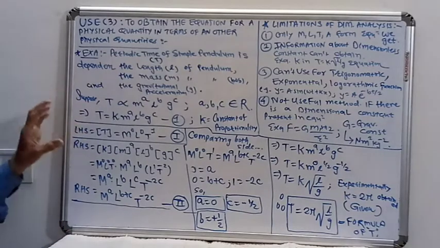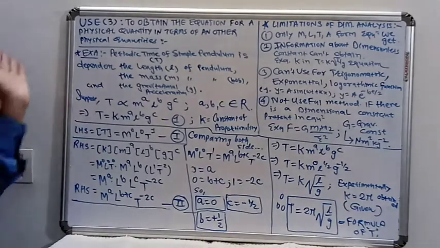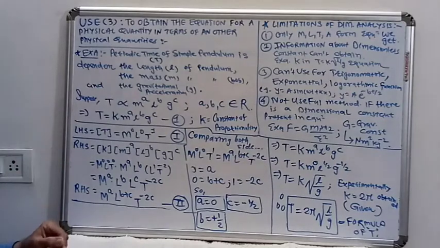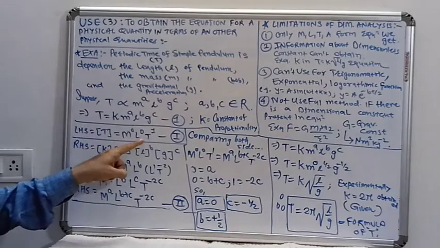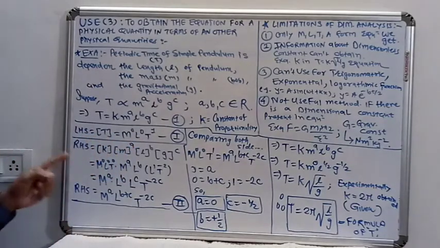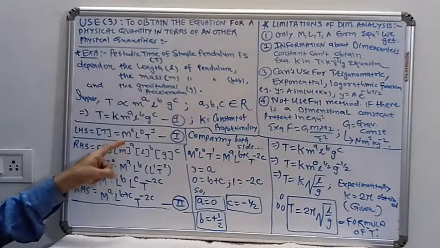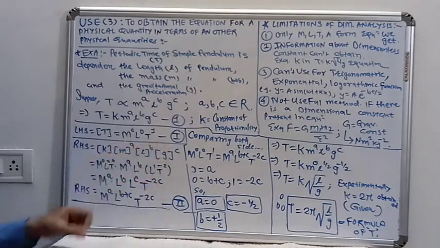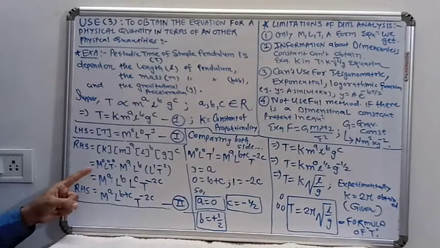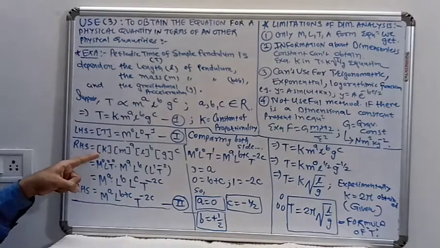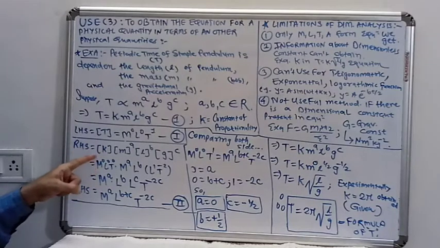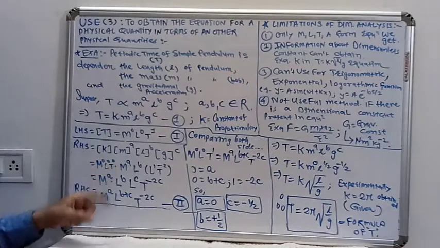Now we compare the left side and right side dimensional formulas. On the left hand side, the dimensional formula of T is M^0 L^0 T^1. On the right hand side, the dimensional formula of k, m^a, l^b, g^c: k is a dimensionless constant, so it is M^0 L^0 T^0.